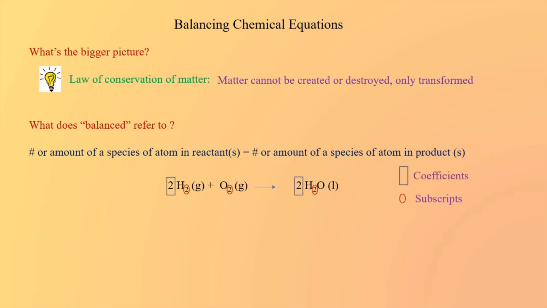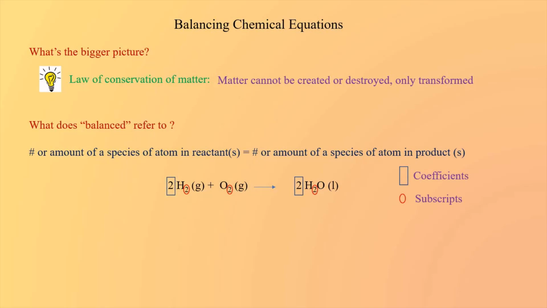Before that, let's look at a couple more things. I think I've briefly mentioned this somewhere along the way, but let's actually focus. The number in front of the molecule is called the coefficient, and the number below the atom is called the subscript. Please do not mix these two. You can only change the coefficient, not the subscript, because the subscript is inherent to that particular molecule.